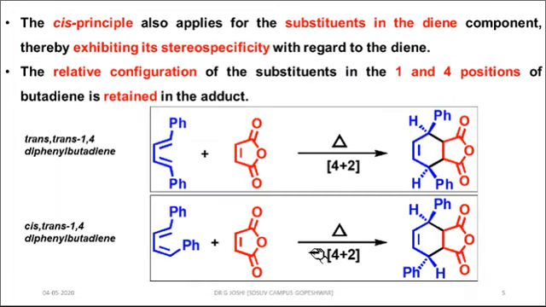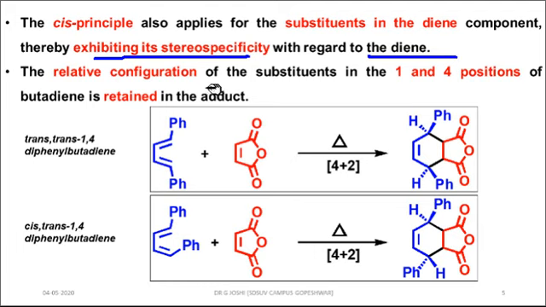The syn addition principle also applies for the substituents in the diene, as we have discussed in case of the dienophile component, and hence they exhibit stereospecificity with respect to diene.